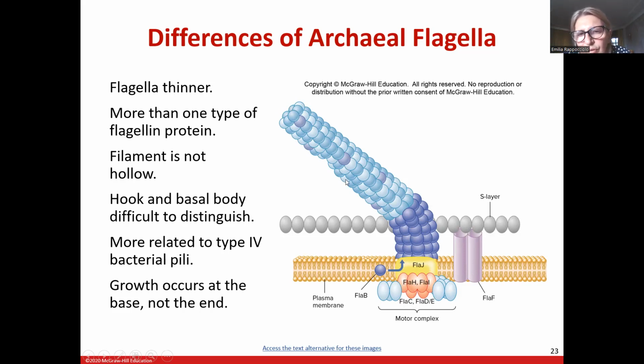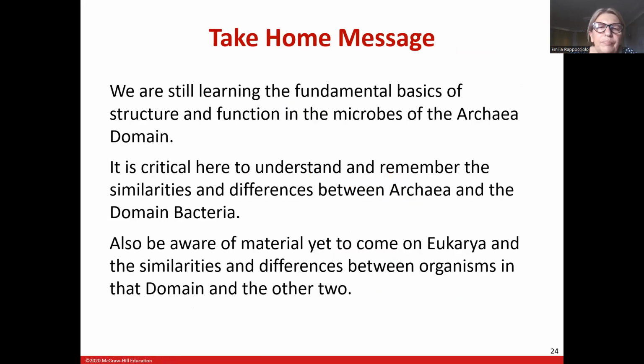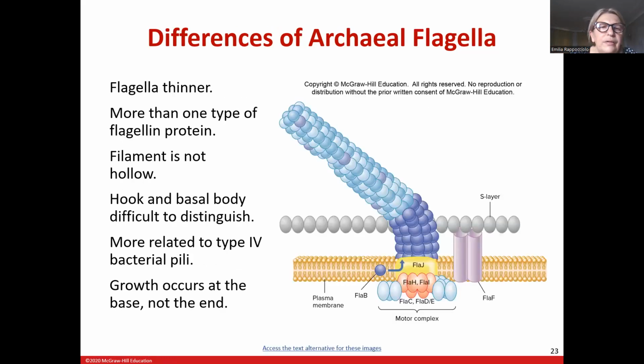Here, because this is not empty, you can't push the protein through, so it adds at the end, making it longer. There are different types of flagellin protein, flagellin 1, flagellin 2, flagellin 3, so it's not the same as in bacteria.